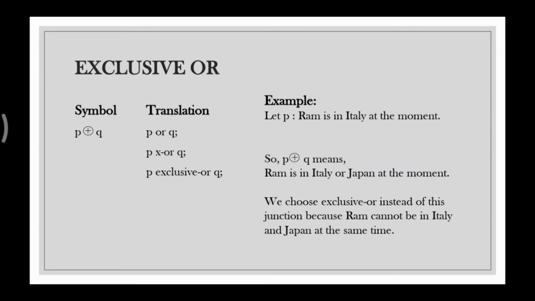So, it means Ram is in Italy or Japan at the moment. We choose exclusive or instead of disjunction because Ram cannot be in Italy and Japan at the same time.